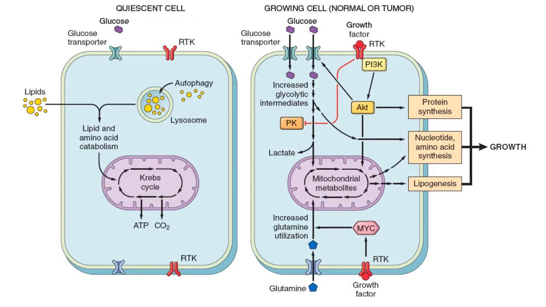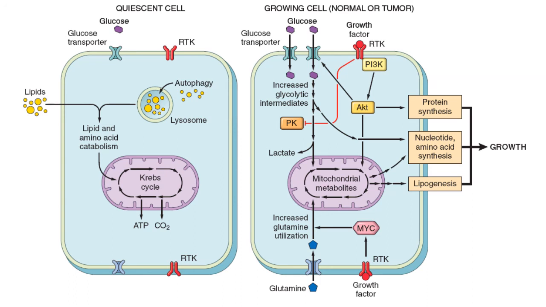The quiescent cell is dependent on the Krebs cycle for the generation of energy, and if there is deficiency of nutrients, it activates autophagy, the process of self-eating of its own organelles. While in the growing cell, which may be a normal cell or a tumor cell, there is increased expression of glucose transporters that are activated due to action of the AKT.